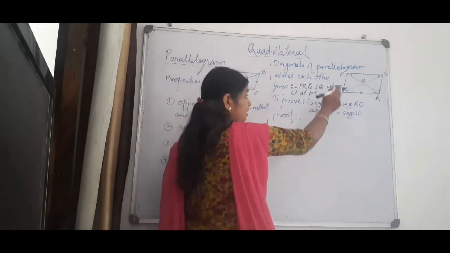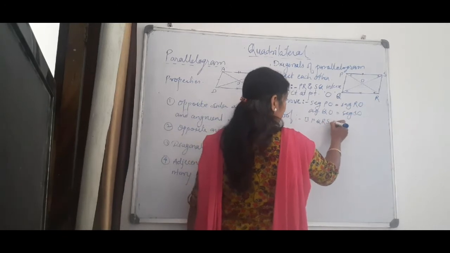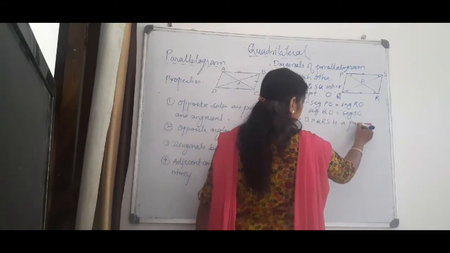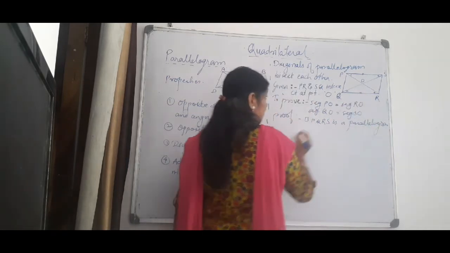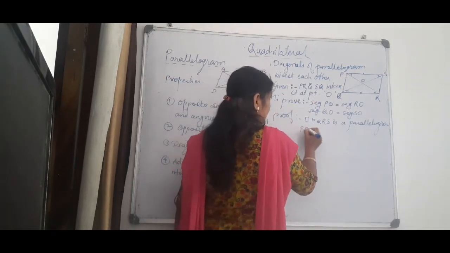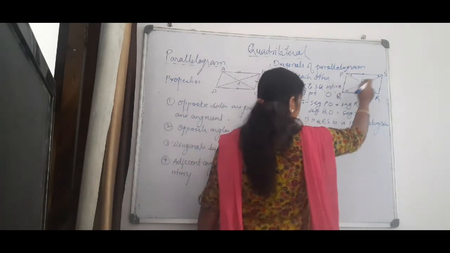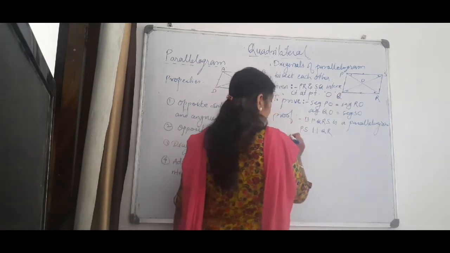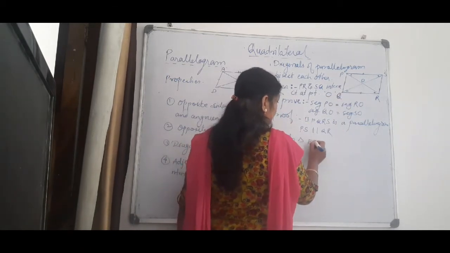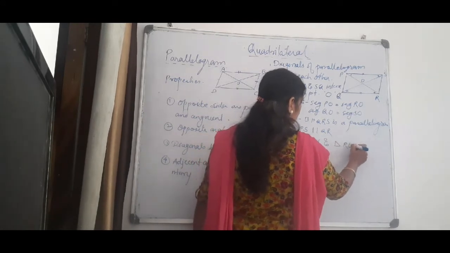Now see here, quadrilateral PQRS is a parallelogram. Now if it is a parallelogram, then PS is parallel to QR. Now see here you have to take two triangles. In triangle POS and triangle ROQ.